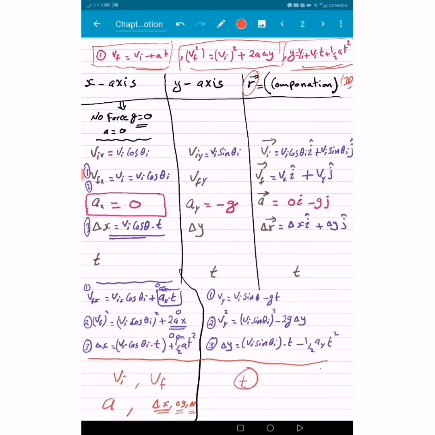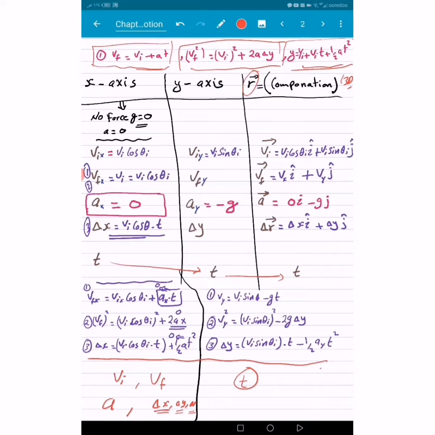It's common to all of these 3 components, in the x-axis, in the y-axis, and also in space. You cannot change the time. The time keeps going on when the object moves.